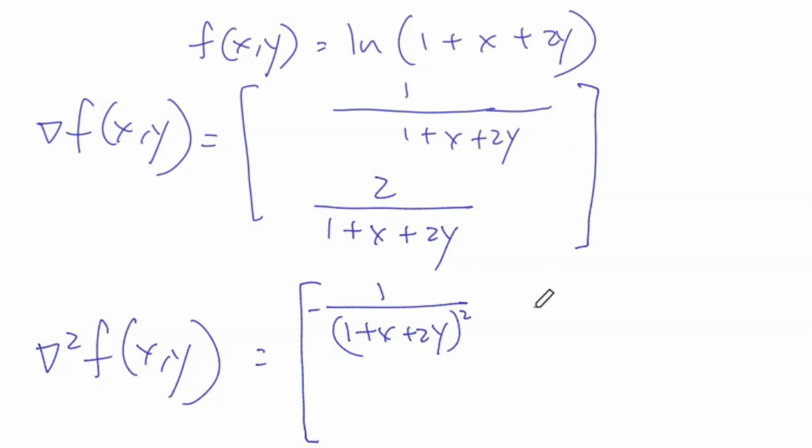Then this one you should be able to derive over y, same thing, but because of the chain rule you derive the inside again, 2, you get 2. This one you can compute, deriving over x, but in fact, since we know this is symmetric, this one and this one should be equal.